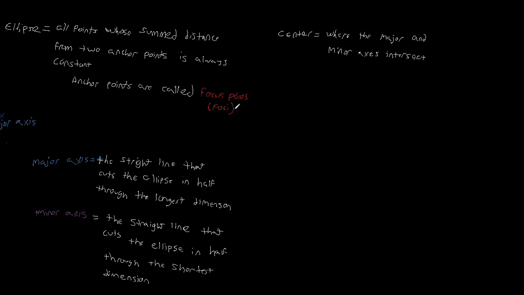A vertex, simply put, is where the major axis, and I'm going to put major axis in blue just so we keep everything color coded, intersects the ellipse.